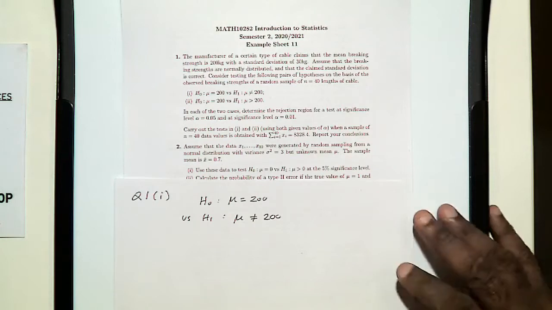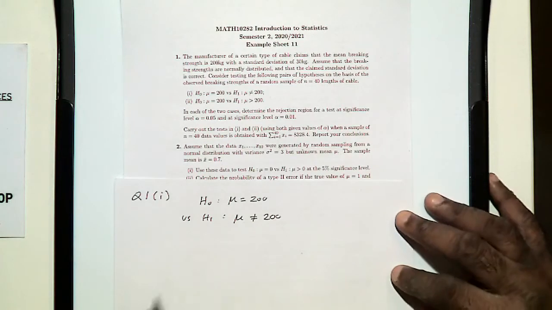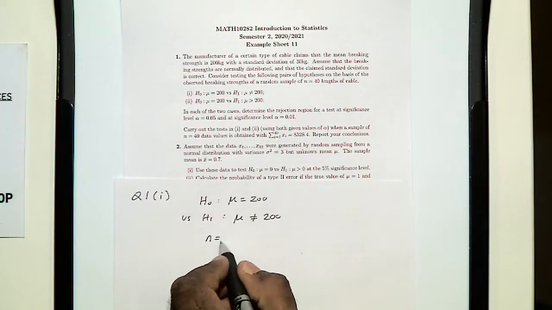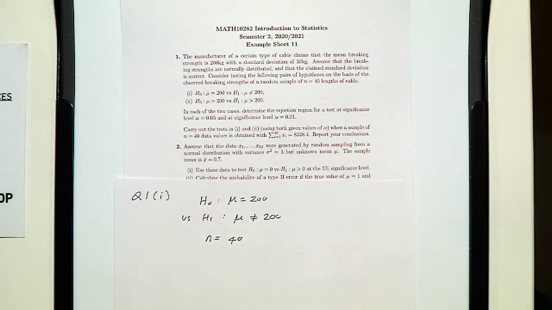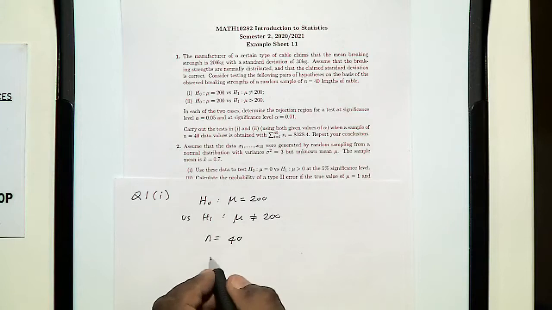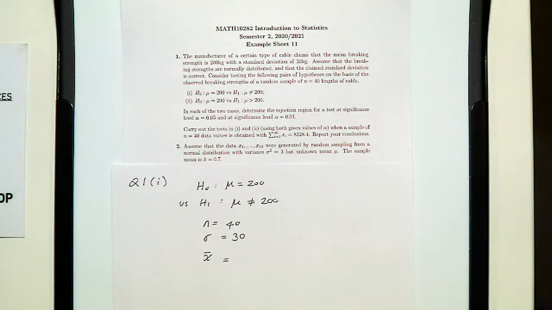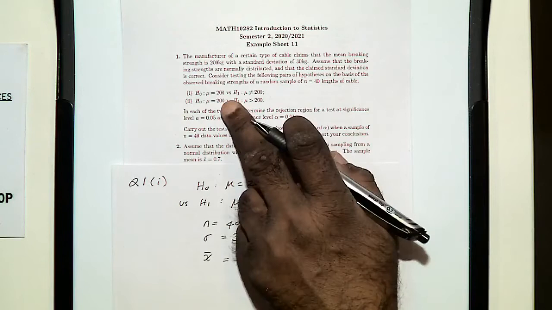Right, we're going to use the rule which I just showed you. Before I use the rule, let's write down what is given to us. We are told that the sample size is 40. We are told that sigma, which is the population standard deviation, is 30. And x bar is the sample mean. The 200 is the value that you're testing for.